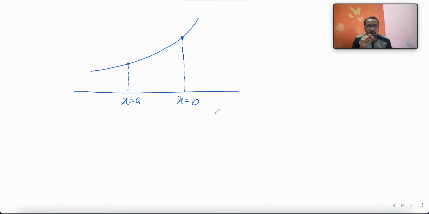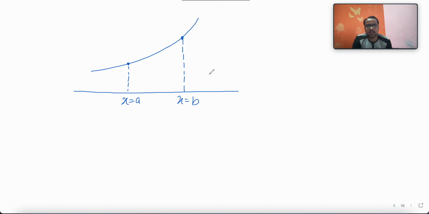So now I am talking about the instantaneous rate of change of y at x equal to a and at x equal to b. You will say that at the point a, the graph is increasing, y is increasing, but at the point b, the graph is increasing more rapidly.